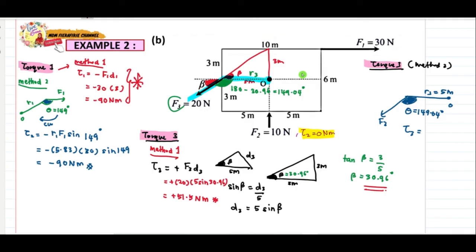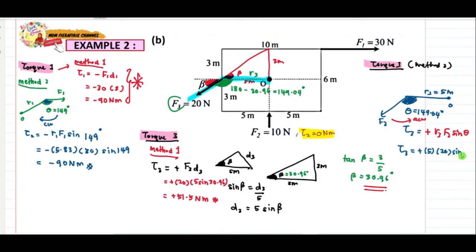Okay, it's equal to, so this is anti-clockwise direction. So, positive R3 F3 sin theta. Okay, where theta is the angle between R3 and F3. Okay, so tak muat ni, saya tulis kat sini sikit. So, plus R3 is 5 meter, F3 is given 20 Newton, and sin theta.